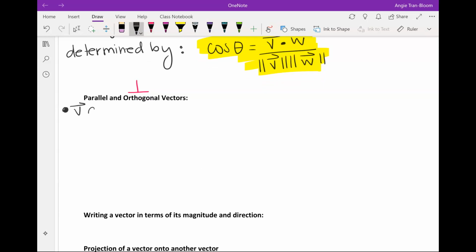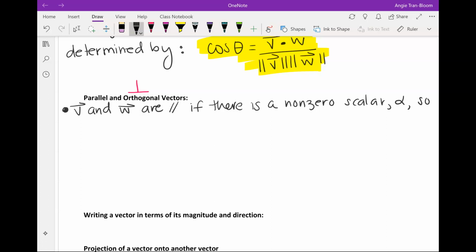Vector v and vector w are parallel if there is a non-zero scalar, let's call it alpha, so that v equals the scalar times vector w.